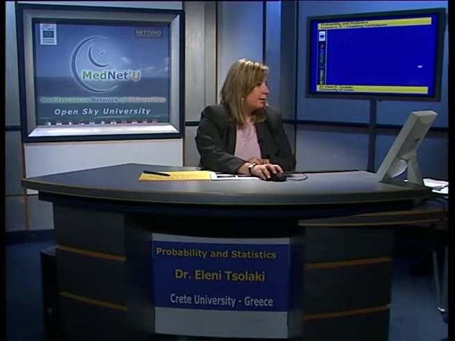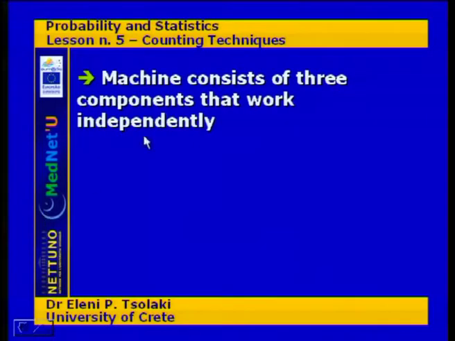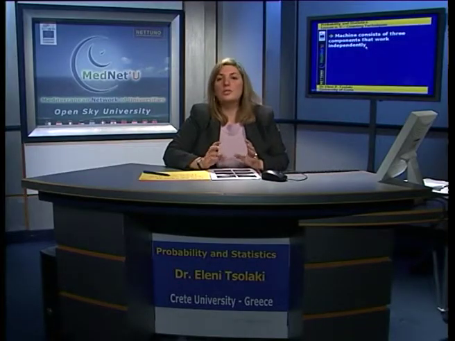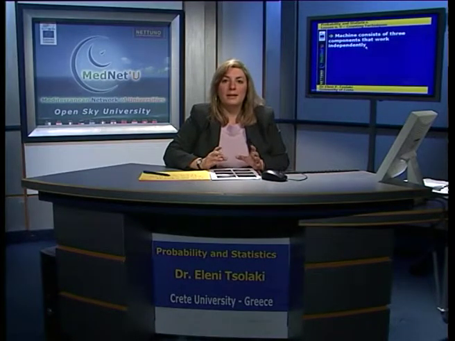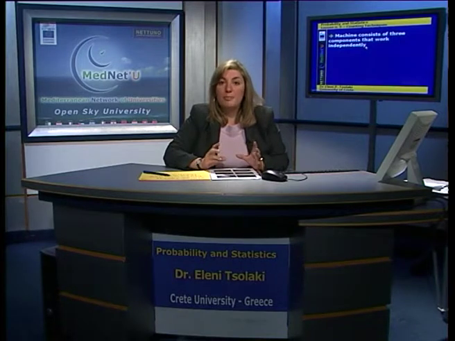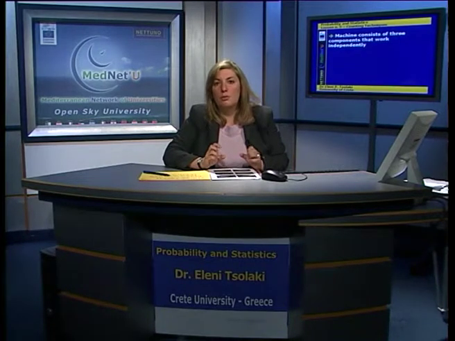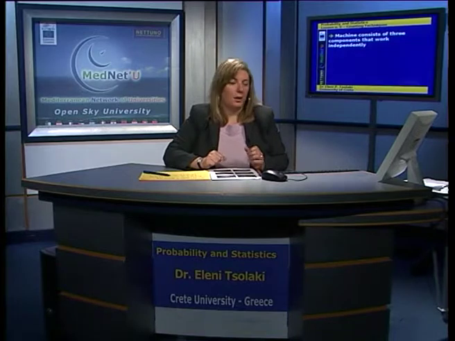So for this example, the machine consists of 3 components that work independently. This is important. We cannot use this technique when the sub-experiments do not work independently.